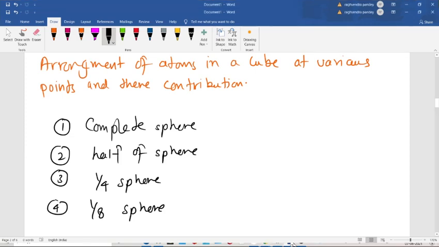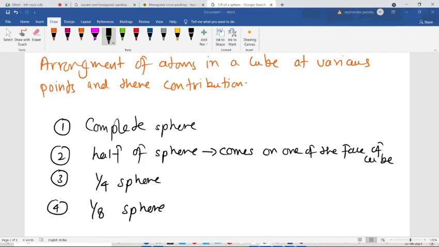Complete sphere, that you know. Half of the sphere comes on one of the faces of the cube. This I haven't done yet.